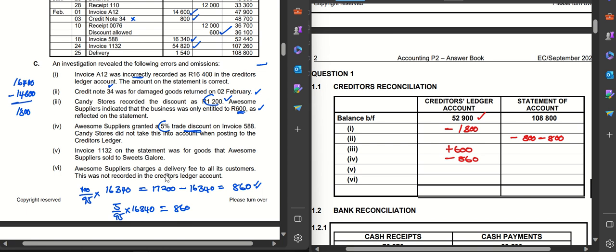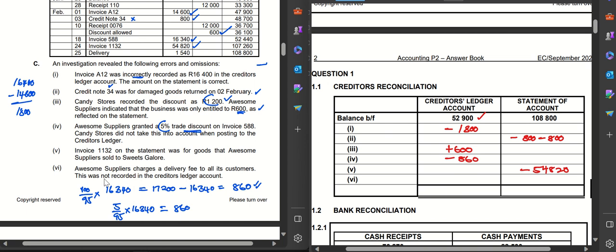Definitely it is not us, because we are Candy Stores. So they sold goods to someone else, then they put it on our statement, and it's an invoice. So they increased the amount we owe them. That was incorrect. To correct that, we come here, then we say minus 54,820. So we subtract that 54,820.